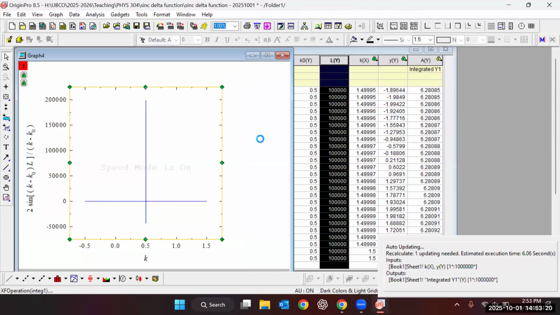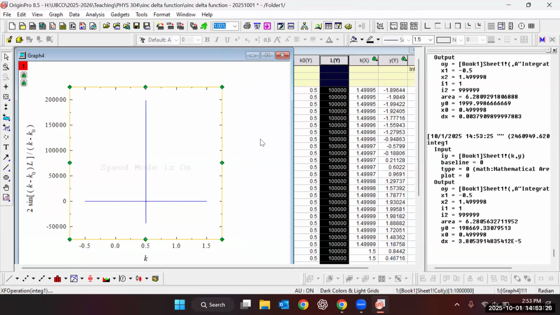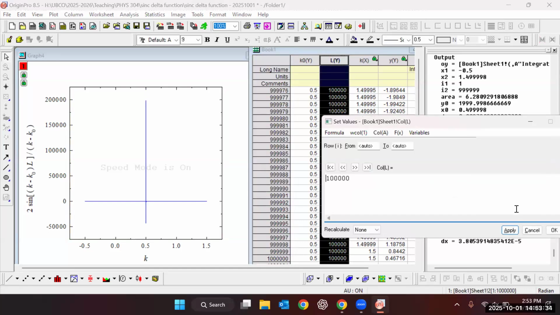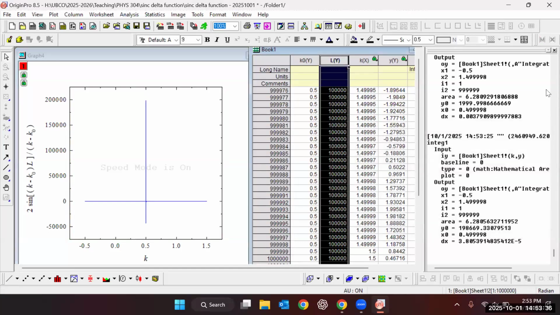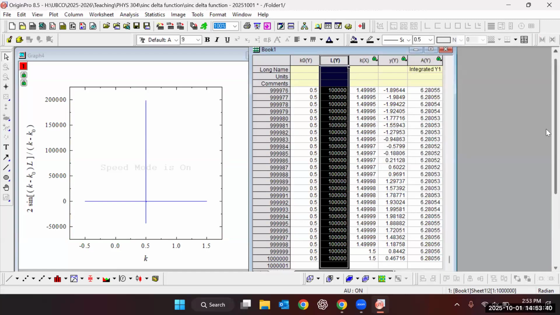And so now you can see that our delta function is essentially zero width, infinitely high. It's way up at 200,000. Nevertheless, the integral, I hope, is still 2 pi. And there it is, 6.28. Okay, so that's a demonstration of this delta function equivalence of that function we were looking at.